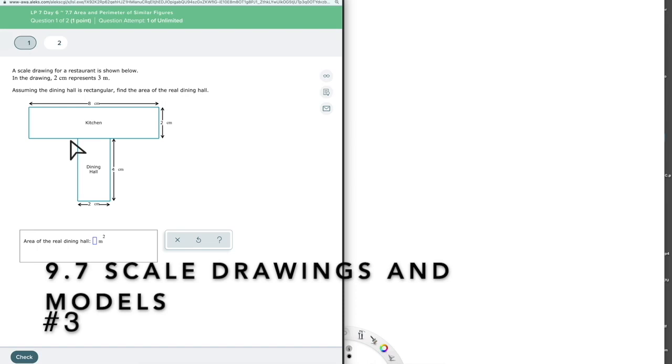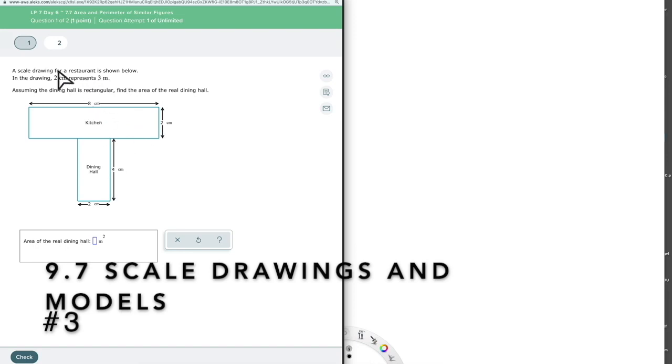Or the layout when we put something together like this. So this drawing is much smaller, obviously centimeters, than the actual kitchen and dining hall are going to be. But we know what the scale is. 2 centimeters represents 3 meters. So for every 2 centimeters on this diagram, it's 3 meters in the real world or in real life.